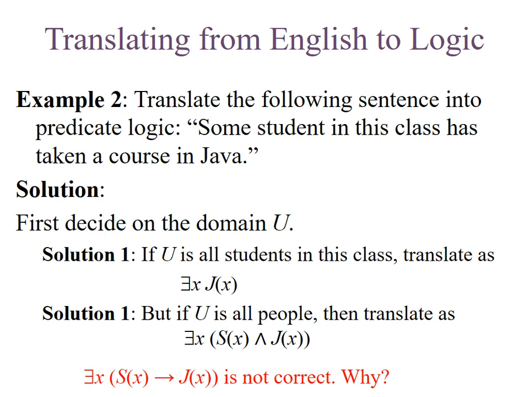We have for some x. So among all people, we have 1 x.